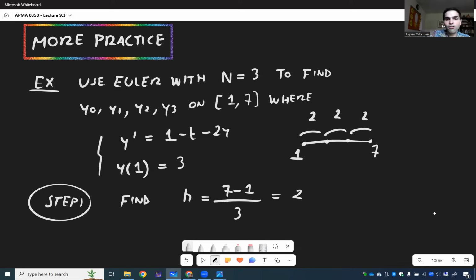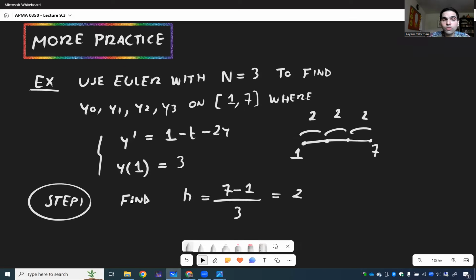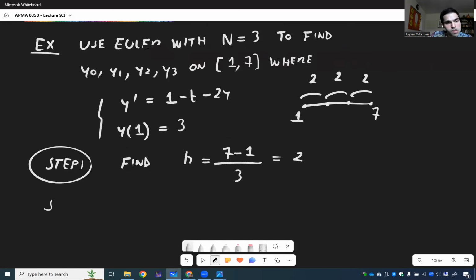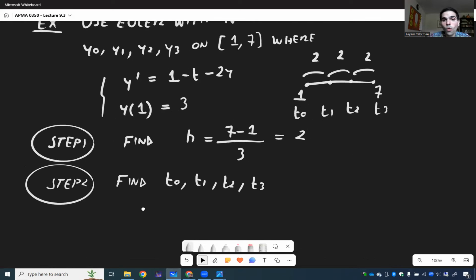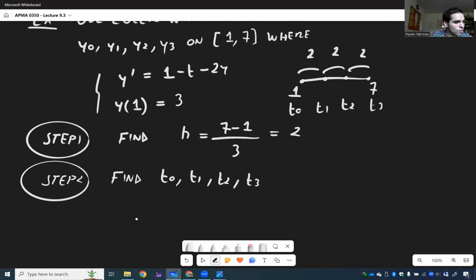And then we want to find our t values. So find t0, t1, t2, t3. In this picture, this is t0, t1, t2, t3. You can do this either by intuition or by using the formula.